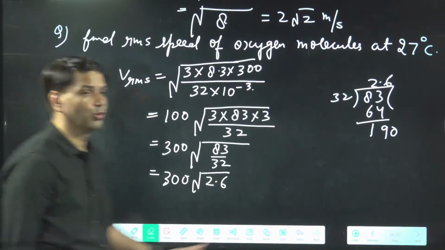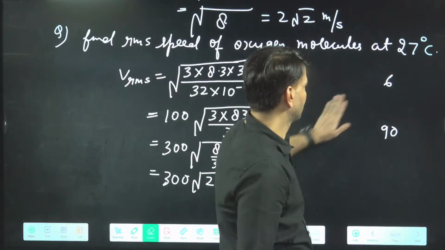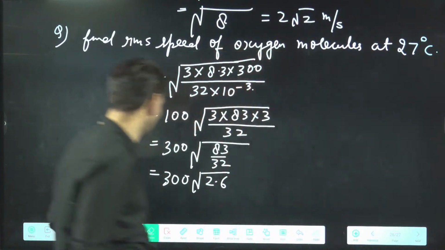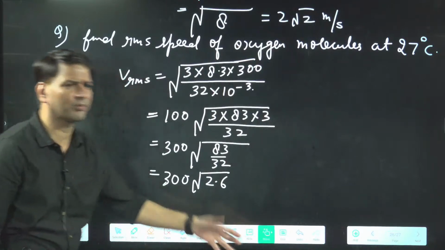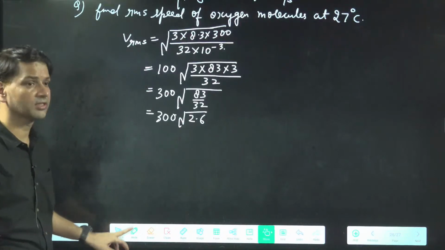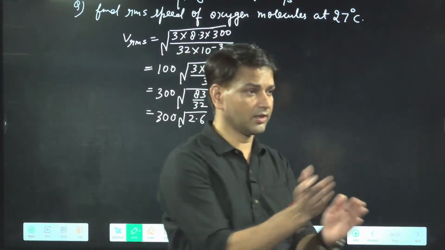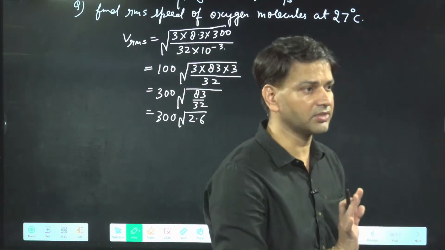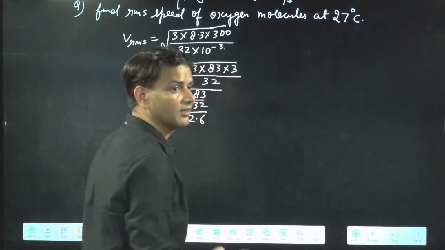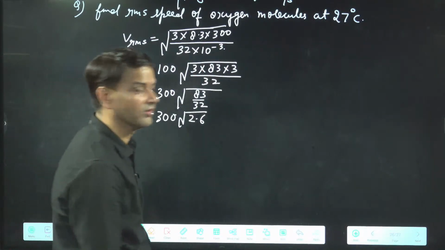Now what is the root of 2.6? Maybe in basic mathematics they say approximation; we have to take it because they will not give a very close answer. So remember that if you are getting one number after the decimal, you can write it like 0.5, 1.5.